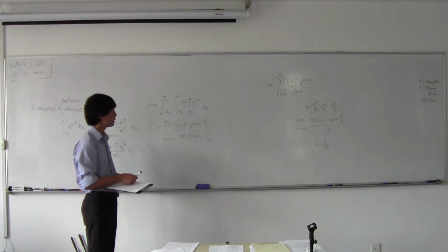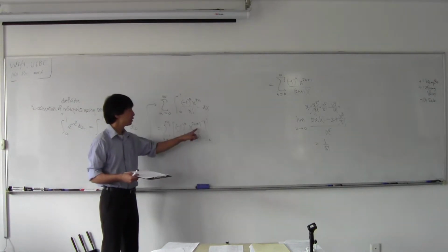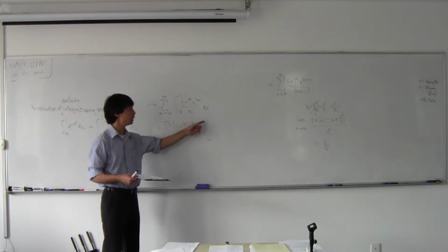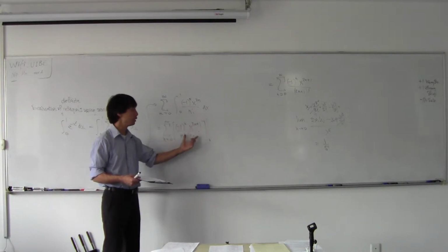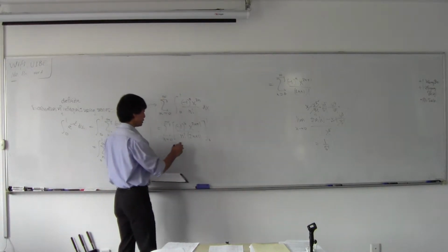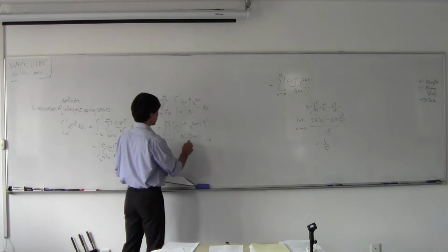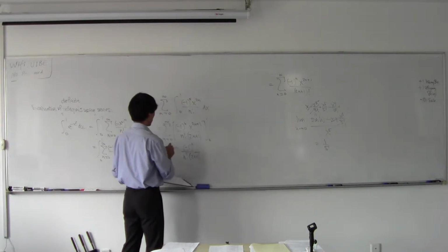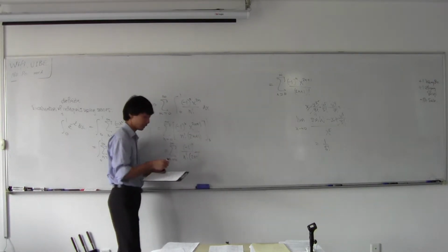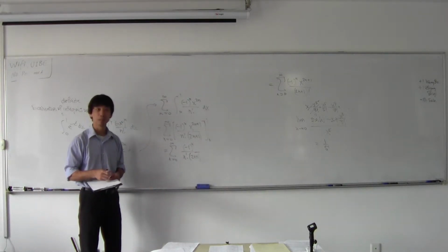When you evaluate each of these, you get the difference between this at 1 minus this at 0. This at 1 is just negative 1 to the n over n factorial times 2n plus 1. This at 0 is just 0, so we don't get anything from the 0 term.